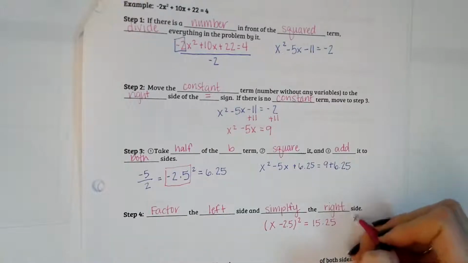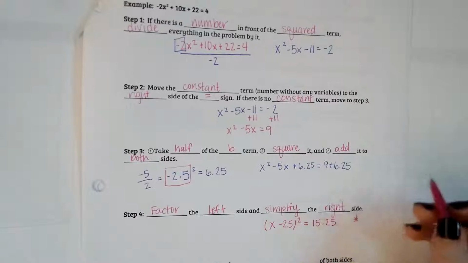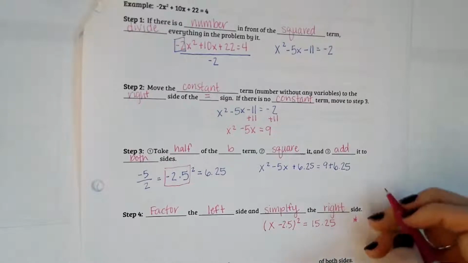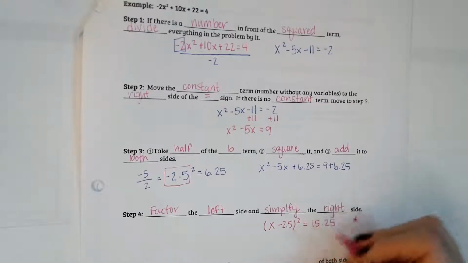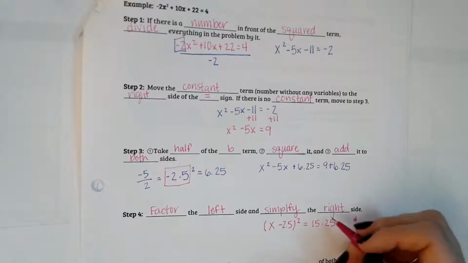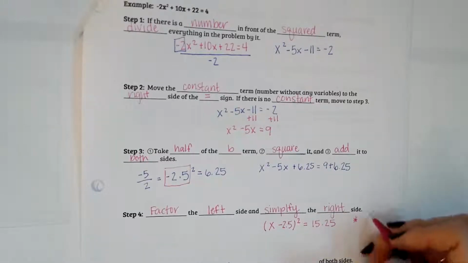And then just a side note, once you get to this point, if what you have on the right side of your equation is a negative, then your answer is going to be no solution.